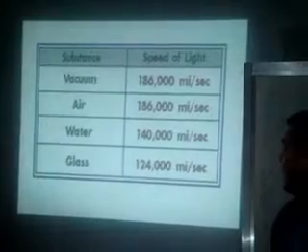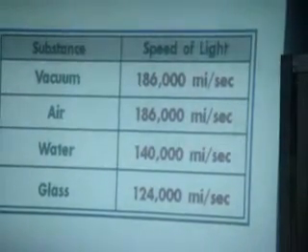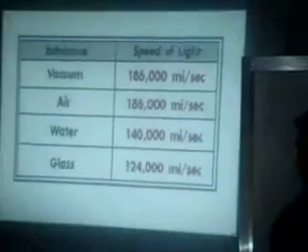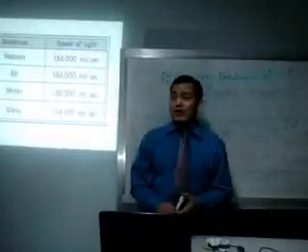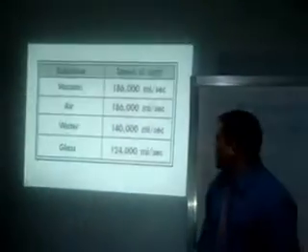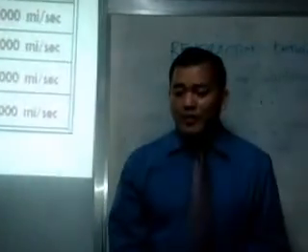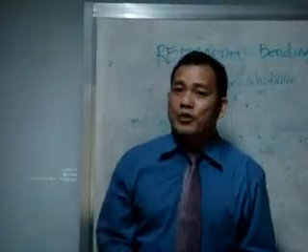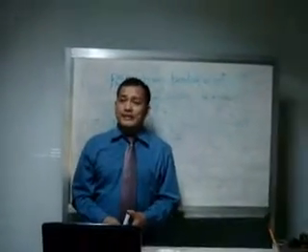In air it is 186,000 miles per second, in water 140,000 miles per second, and in glass 124,000 miles per second. So light travels faster in air than in water, and we call this property for water a greater optical density.